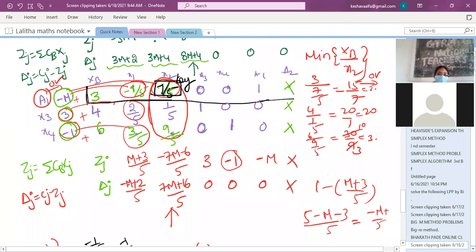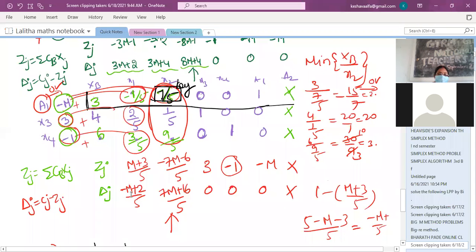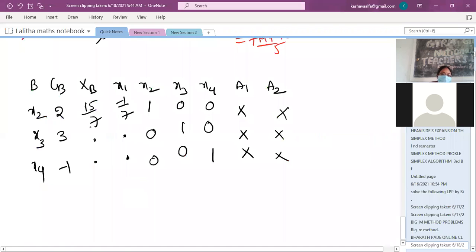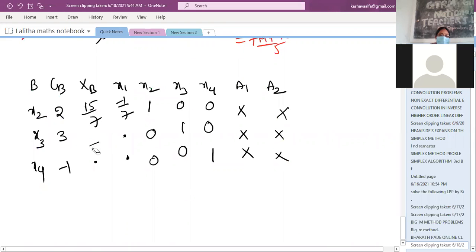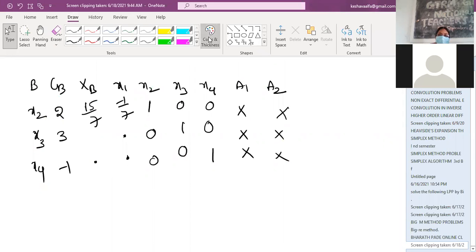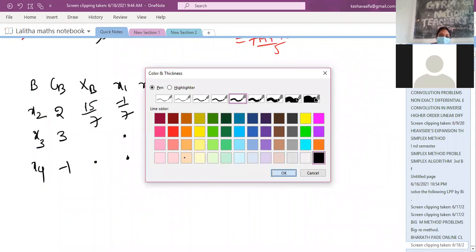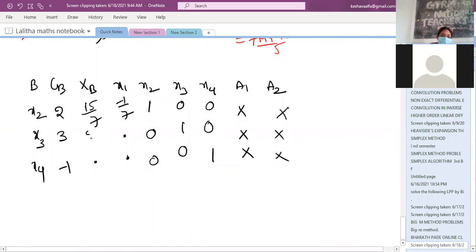Tell me the 4 values. First, the value in the xb column. I want this position value. How much is this value?